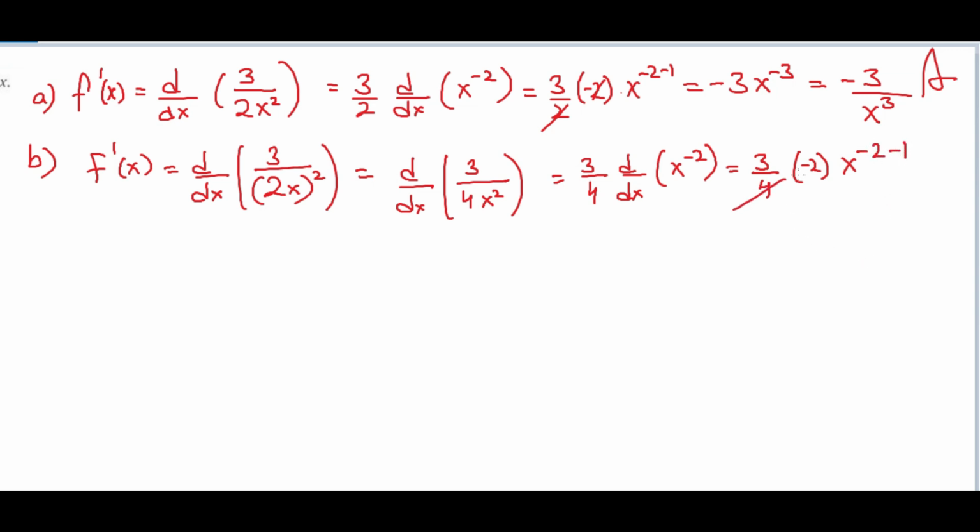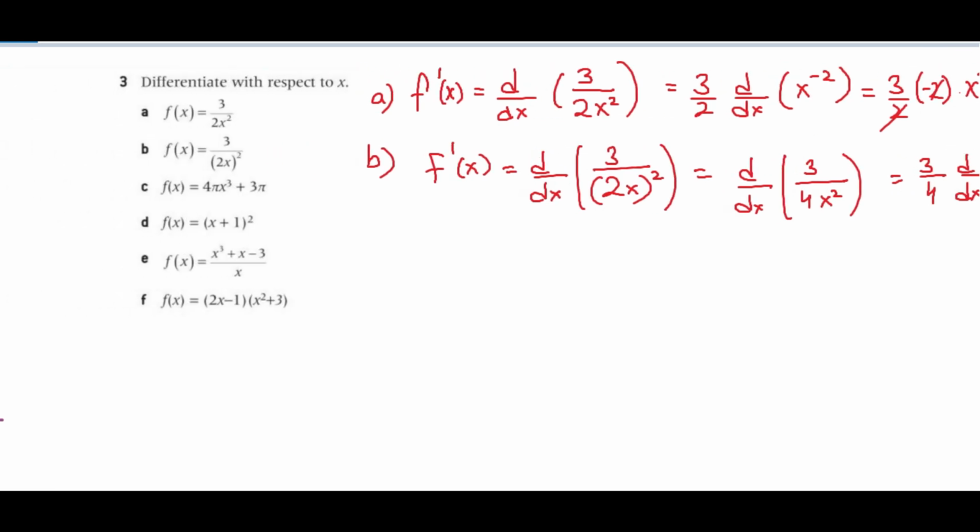This 2 gets cancelled and you get 2. So negative 3 by 2 x to the power negative 3, which can be written as x cube in the denominator. Kind of easy. Hope you got it.